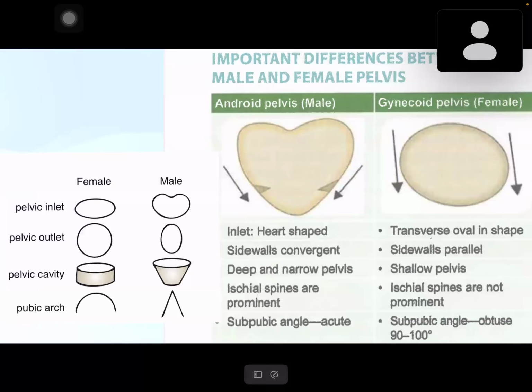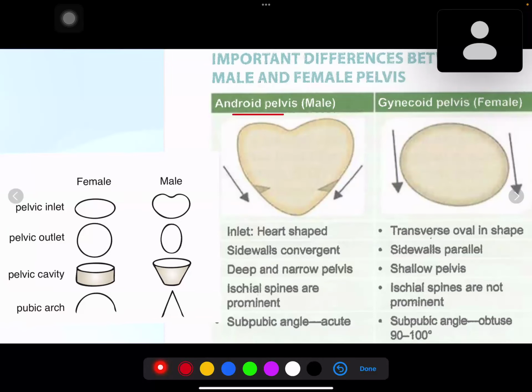But the important ones are the male pelvis and the gynecoid. For exam purposes, you just need to remember the differences of these pelvis. That's important. I told you previously that in the male the inlet would be heart shaped and in the female it would be transverse oval. The side walls would be convergent in the male, and here the side walls are parallel.